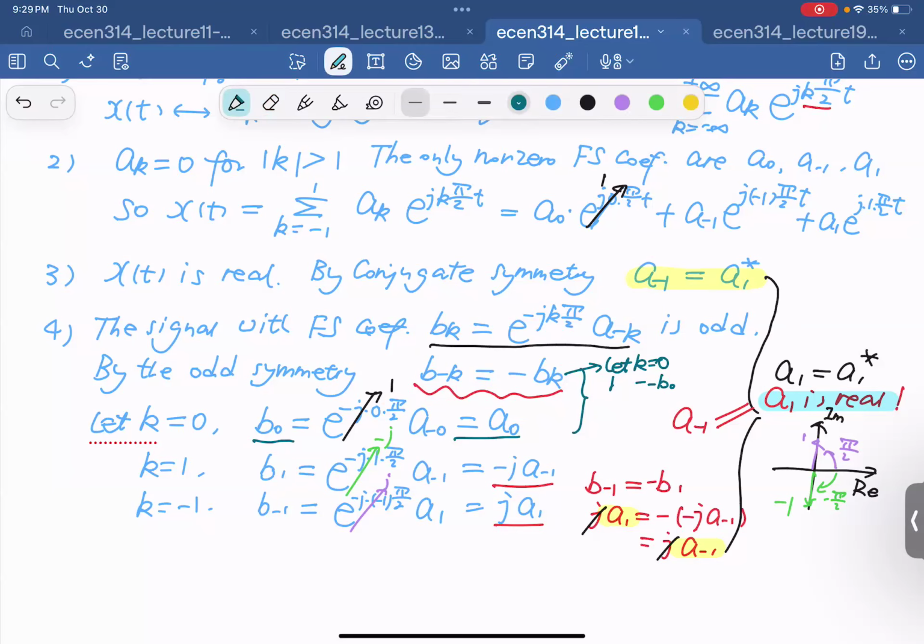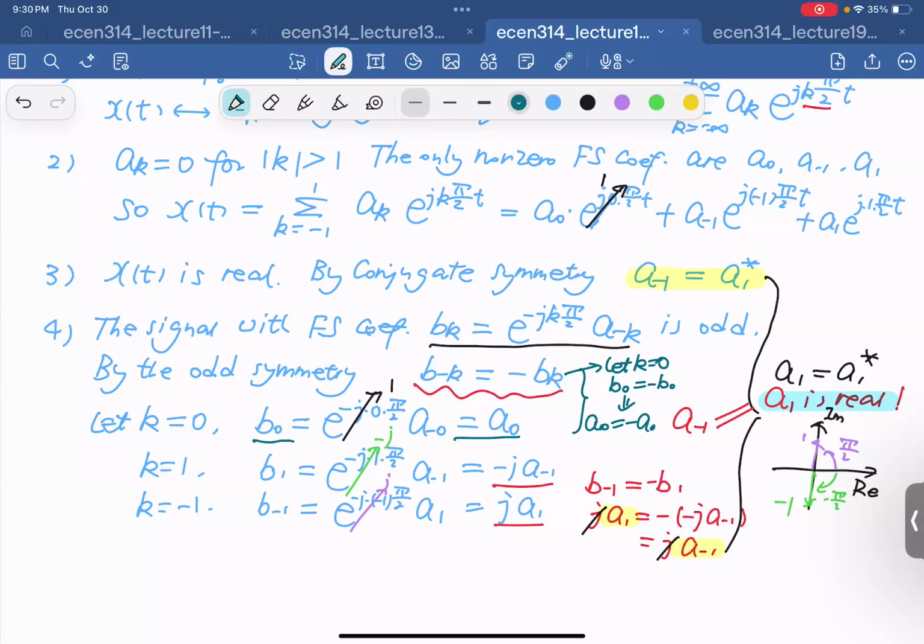So b0 equals minus b0. So that means A0, which is equal to b0, has to be equal to minus A0 as well. Well, how can you make A0 equal to minus A0?